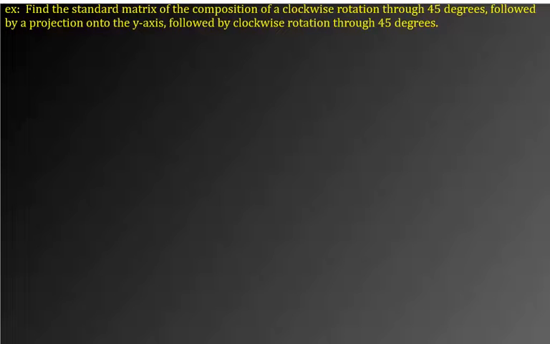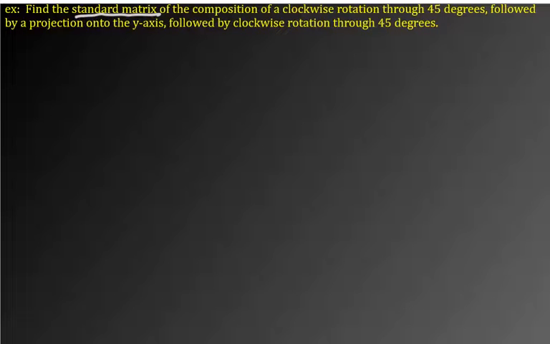I want to find, and this is actually a formal term, a standard matrix. So basically, find a matrix, a formula for a matrix, that does the composition of a clockwise rotation through 45 degrees, followed by a projection onto the y-axis, followed by a clockwise rotation through 45 degrees again.